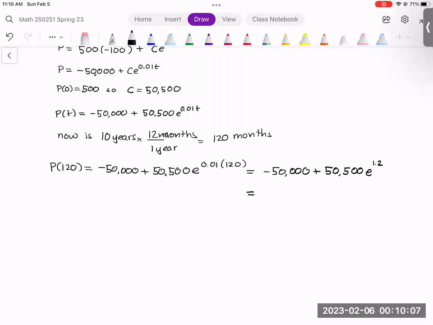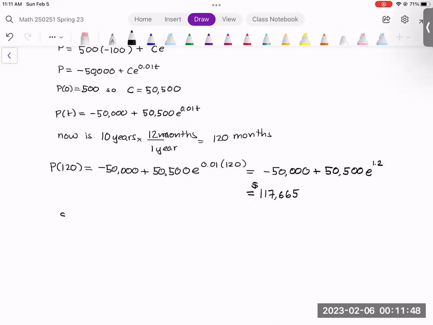All right, and let's take a look. Okay, so putting this into a calculator, we get about $118,000 in her account. And we can see how much of this is money that's grown from our investment.